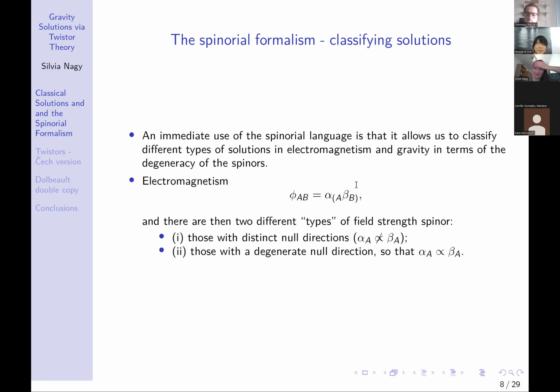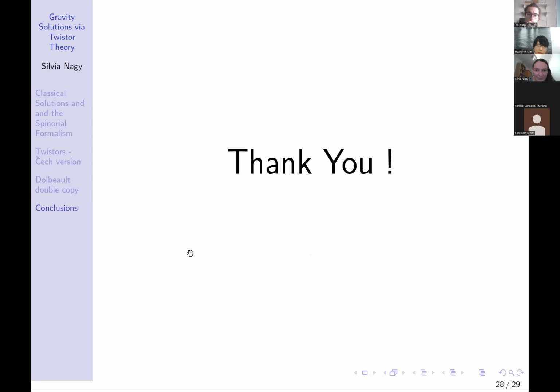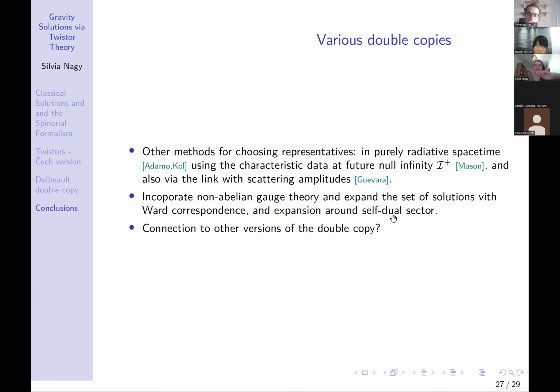It really helped with this. But I don't think the two have been connected in the sense of using both twistors and the double copy. That is definitely something to do, because those are self-dual solutions. And this is what I was saying here, that the first step when going to non-abelian is to look at this self-dual sector where you do have these instantons.